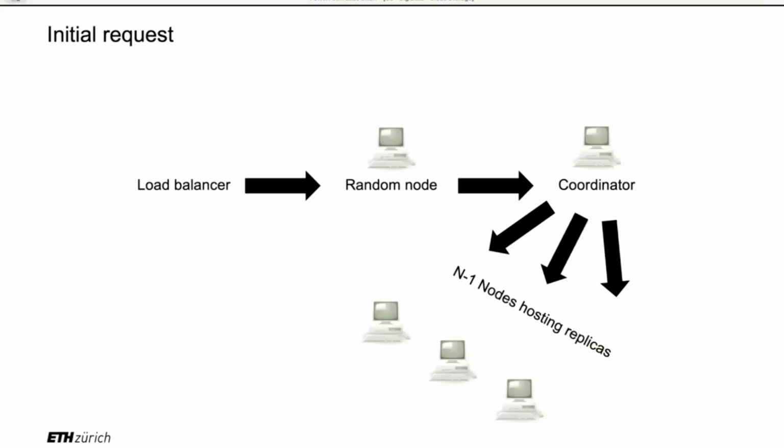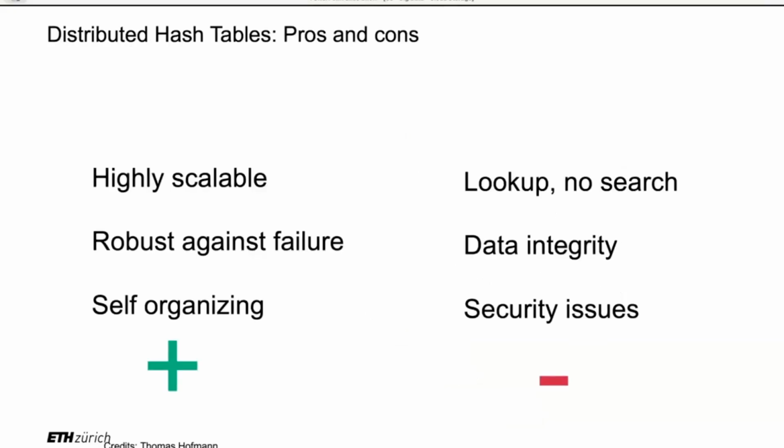The random node is going to forward you to the coordinator node for that key. It means that it's the main computer in charge for the range in which the key is, right? It's the closest one. And that coordinator is going to handle the request, and it's going to communicate with all of the other nodes that host the key as well, n-1. Who is with me? All right, so these are the n-1 nodes that precede it on the ring.